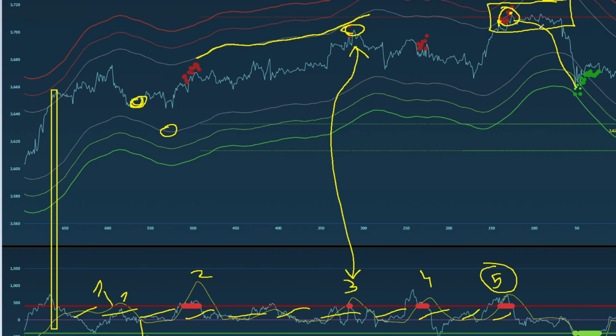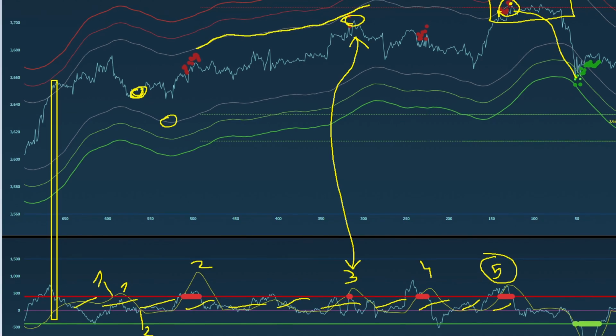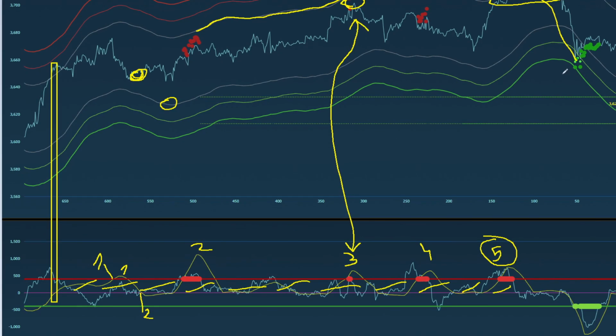And yeah, we go down, and we go down. This is our first dot, which was actually a pretty good trade location here, and price did something like this, I think, and then it went down, but we had a trend change here.